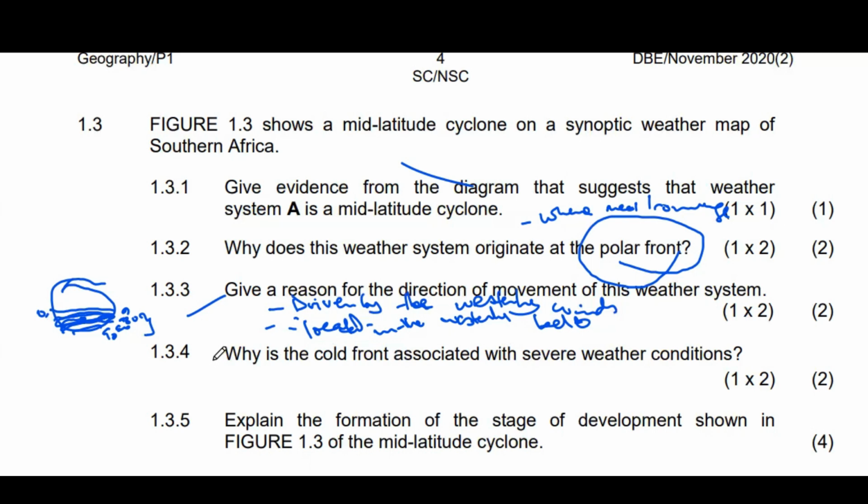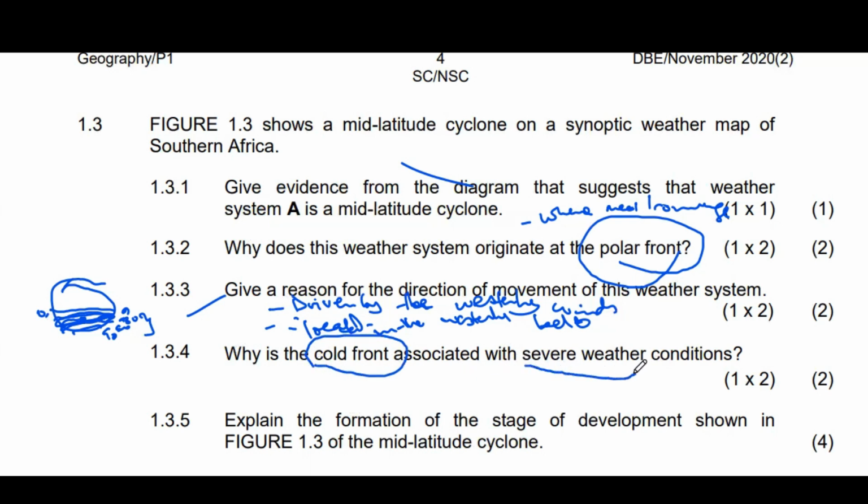The next question, that is 1.3.4. It says, why is the cold front associated with severe weather conditions? We're talking about the cold front, and they're associating the cold front with what?